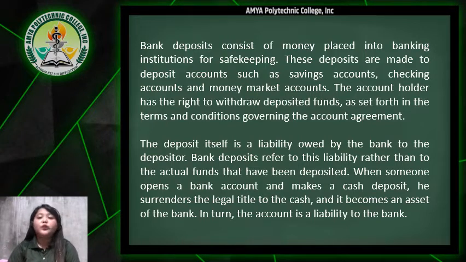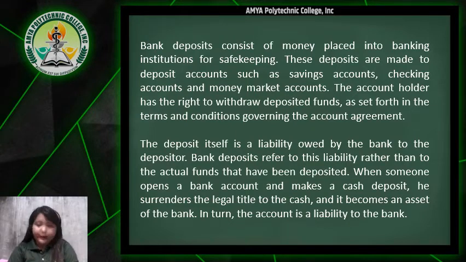The account holder has the right to withdraw deposited funds as set forth in the terms and conditions governing the account agreement. The deposit itself is a liability owed by the bank to the depositor, and bank deposits refer to this liability rather than to the actual funds that have been deposited.